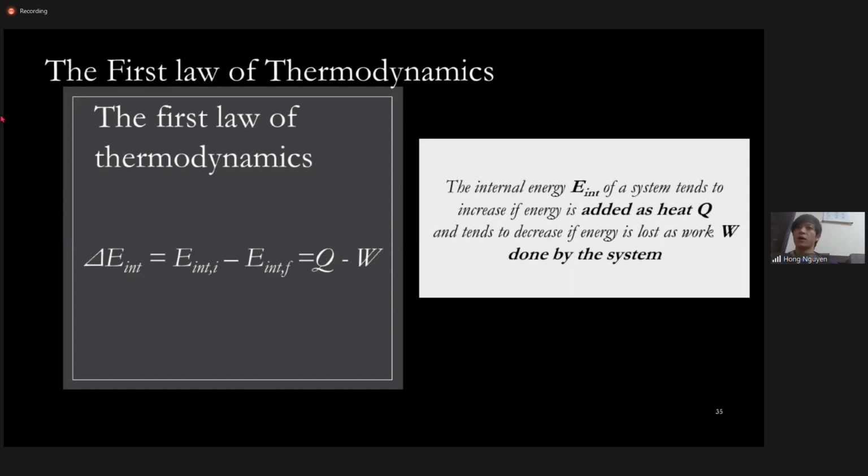The first law of thermodynamics says that the internal energy of a system tends to increase if energy is added as heat, and tends to decrease if energy is lost as work done by the system.